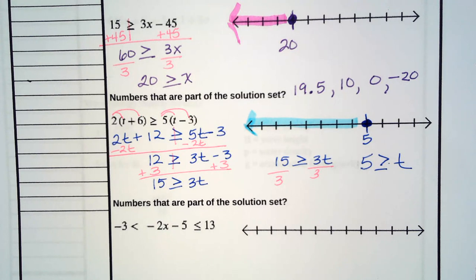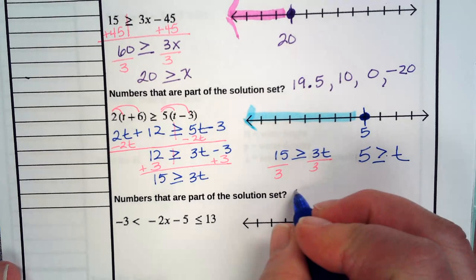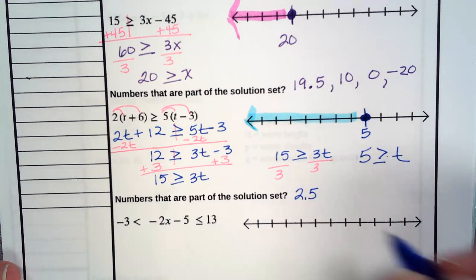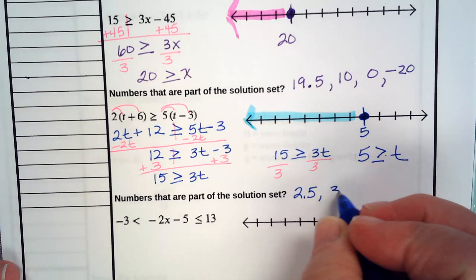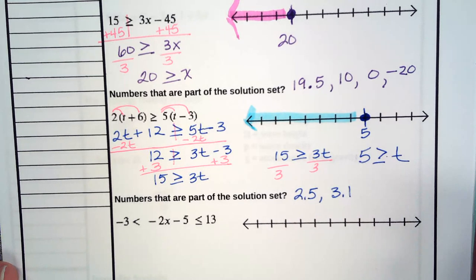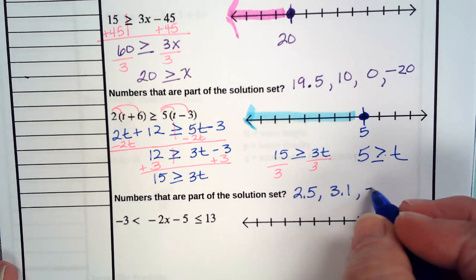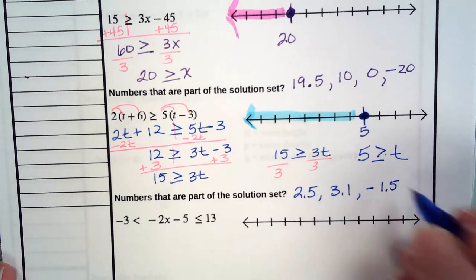Okay, pause the video and give me 5 numbers that are less than 5 that would be part of that solution set. Okay, let's see what I pick. How about 2.5? That's less than 5. What about 3.1? That's less than 5. Negative 1.5.